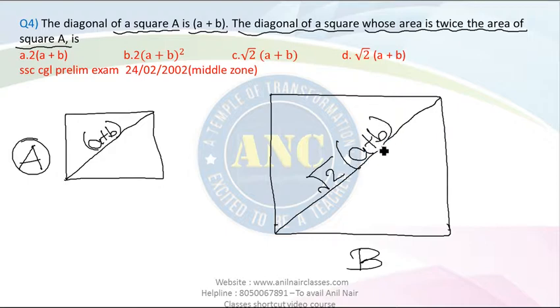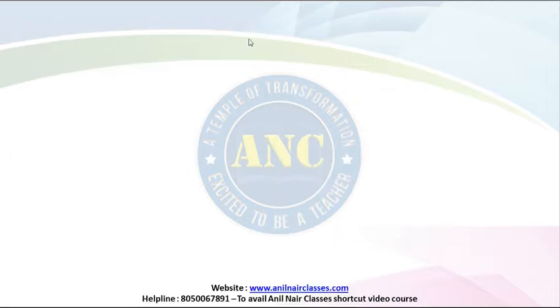The old diagonal was A plus B. Multiply it by root 2. The answer is root 2 times A plus B. That is what I concluded from my previous question. I hope I am making sense and you are understanding it in the easiest way possible.